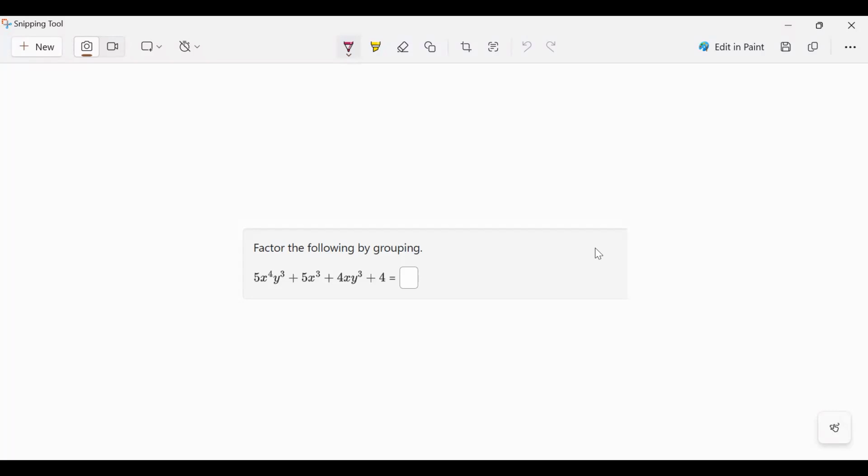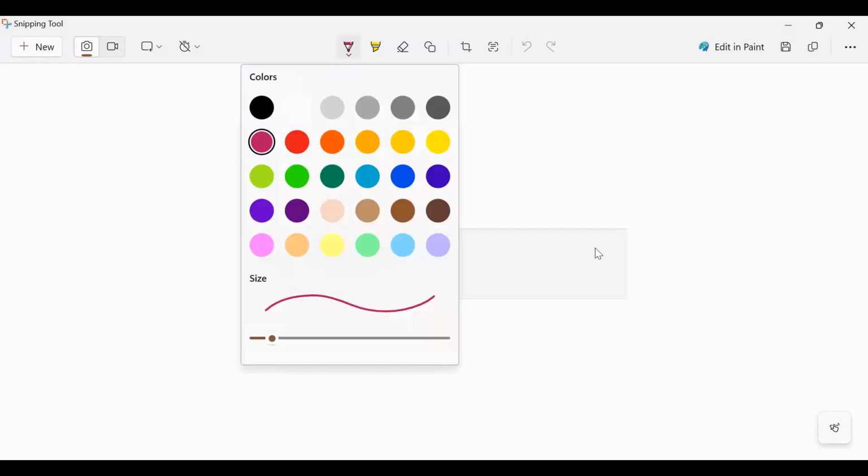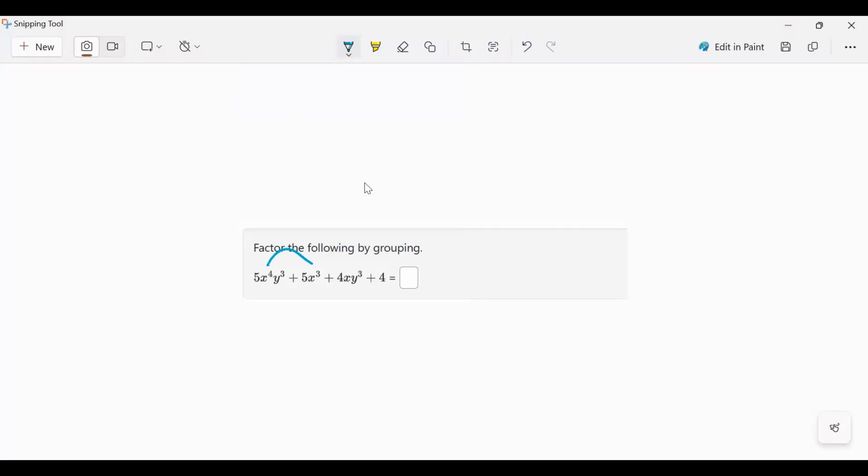First couple of terms, the GCF. The coefficient is 1, and then x cubed, all of them have x cubed. So we factor out the GCF of x cubed.